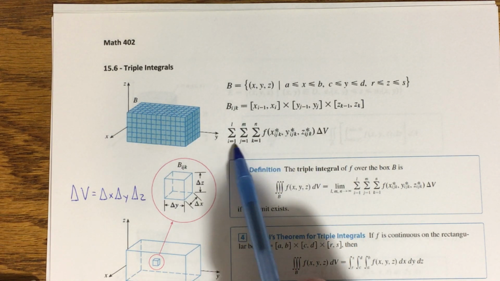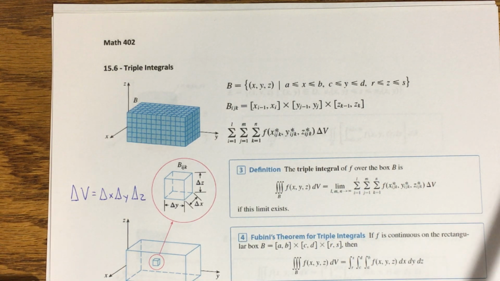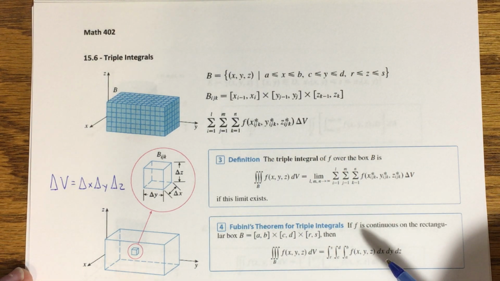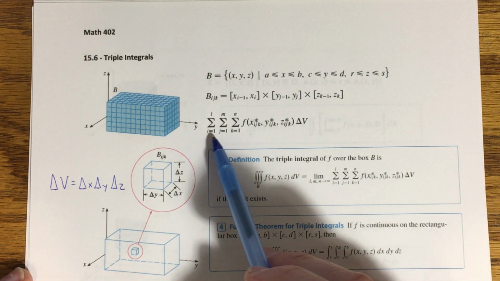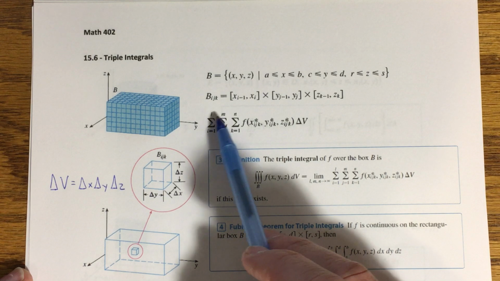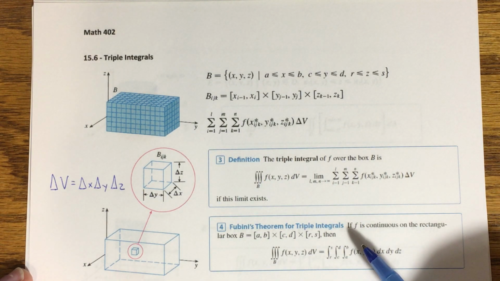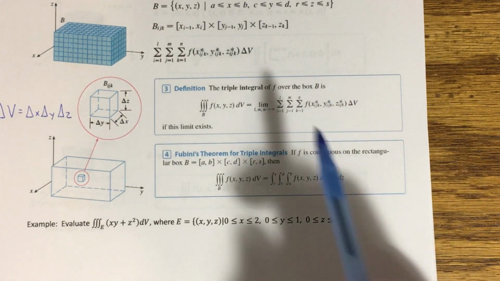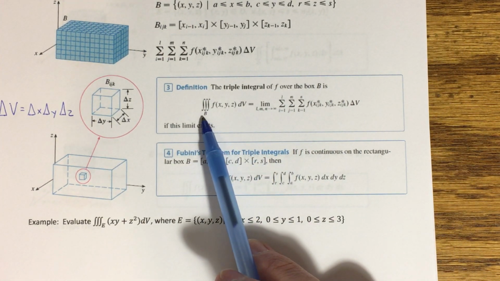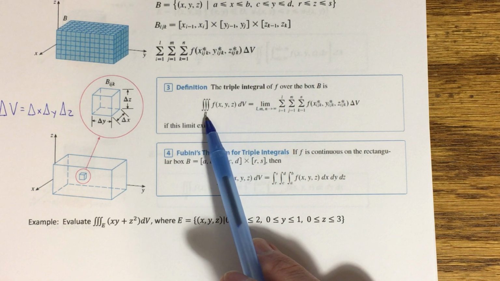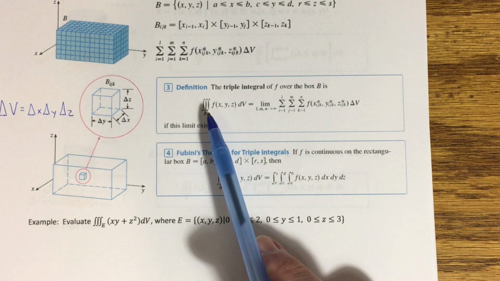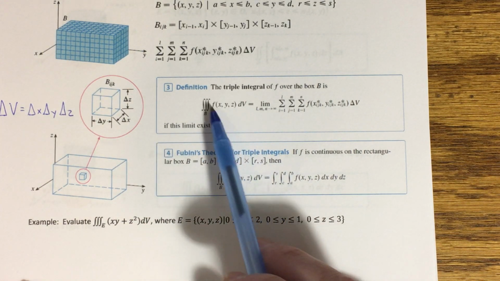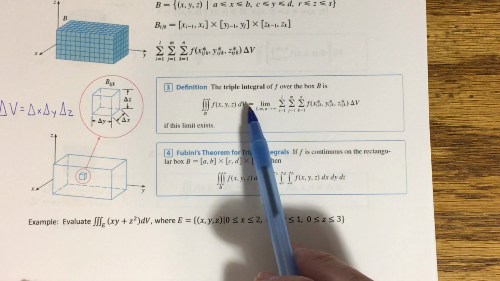What that creates is a triple sum, kind of like how we had double sums that led to double integrals. This, when I take a limit as l, m, and n all go to infinity, is what gives me a triple integral. So here's our definition for a triple integral. The triple integral over the solid B, which is this entire box here in this diagram, of f of x, y, z dV.